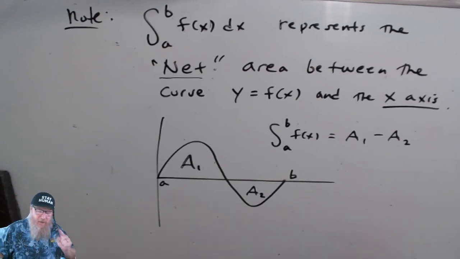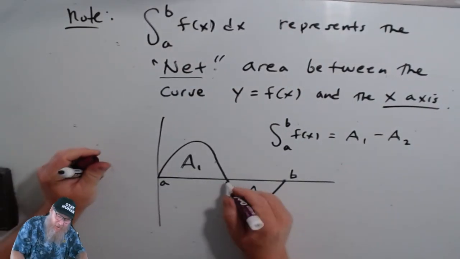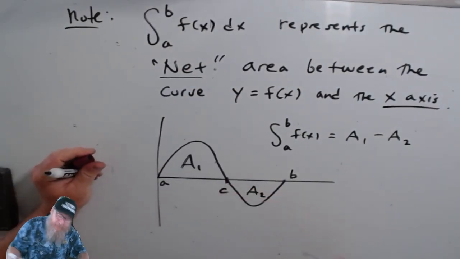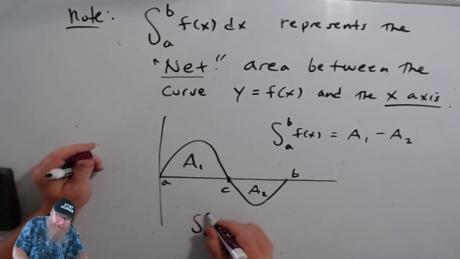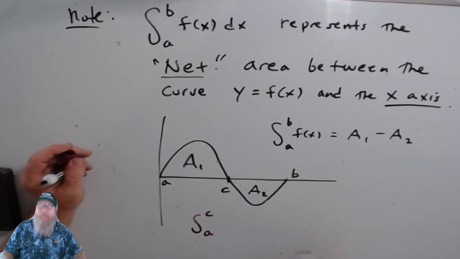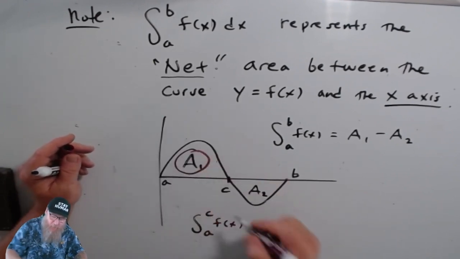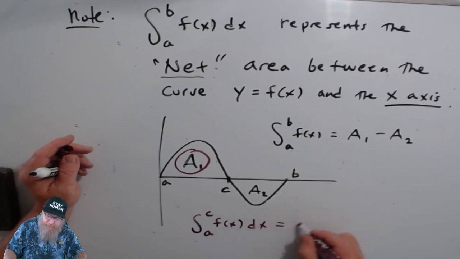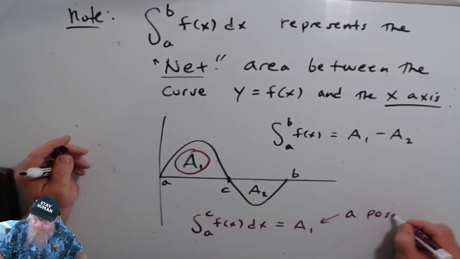And so the reason is because when you calculate, let's call this point here C, the integral from a to c of f of x, that will give you A1. And this will be a positive number.